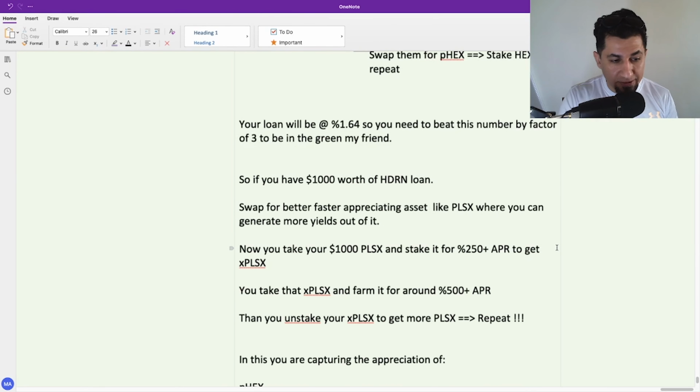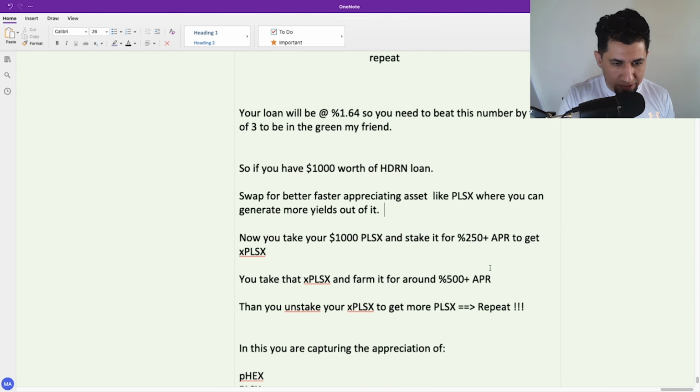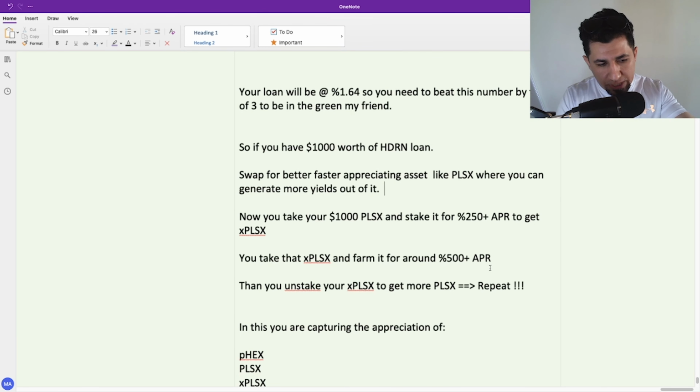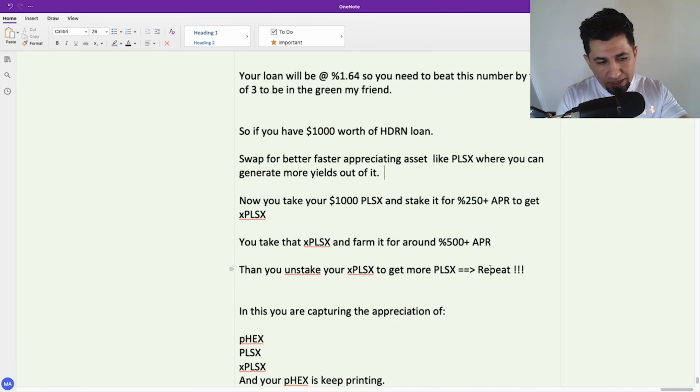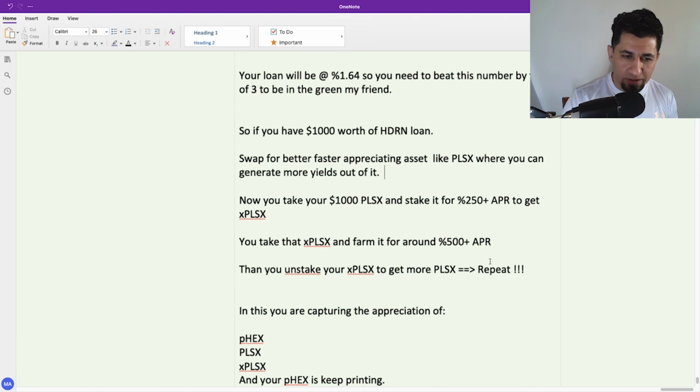Let's continue. In this, you are capturing the appreciation of PulseX and xPLSX. And here's the beauty. If you really like HEX and the whole thing about the printing machine of HEX, your HEX stake will print itself. All of this duration, you're making money off of PulseX and xPLSX, either staking it or farming it.